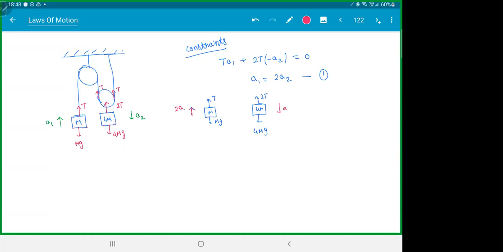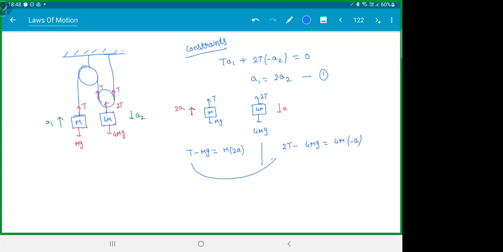Okay, I just changed it from A1, A2 to a and 2a. Write the equation. T minus mg is equal to m into 2a. 4mg minus 2T is equal to 4m into a. I hope you're getting it. I took down as positive now. Or you could have just stuck to your general convention: 2T minus 4mg is 4m into minus a.